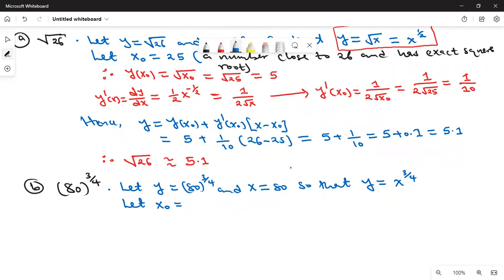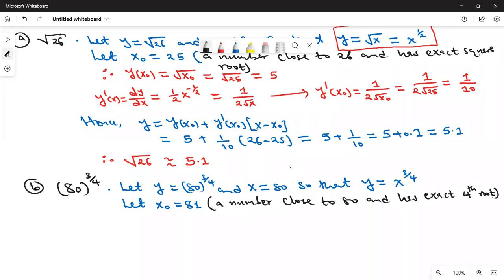The closest number which has an exact fourth root and is near 80 is 81. That's why I chose 81.